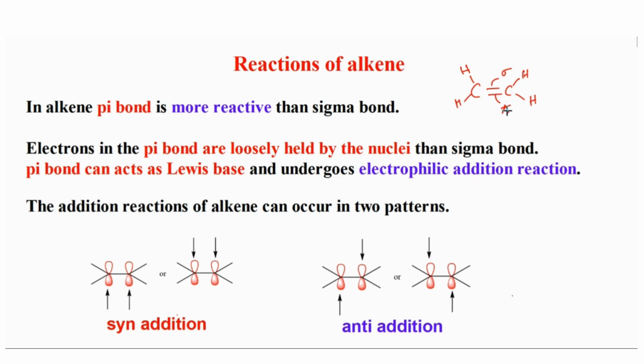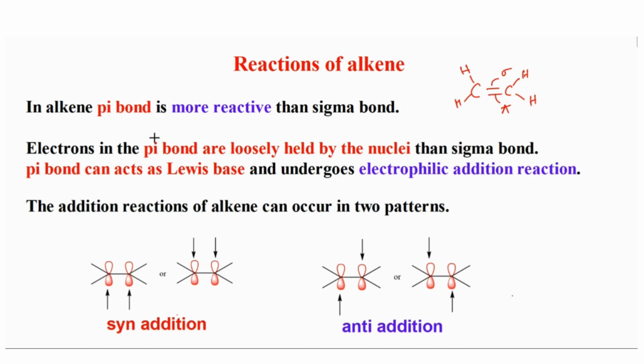Here the pi electrons, the pi bond, are not bonded as tightly as in the sigma bond. They are loosely bonded with the nuclei. So these are more reactive and can act as a Lewis base, so it undergoes electrophilic addition reaction.